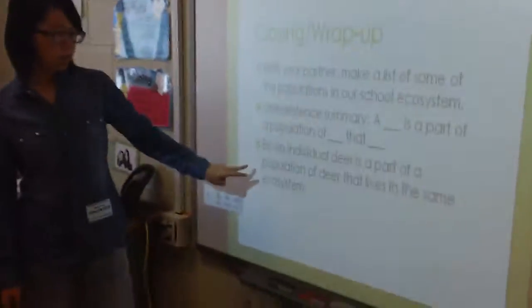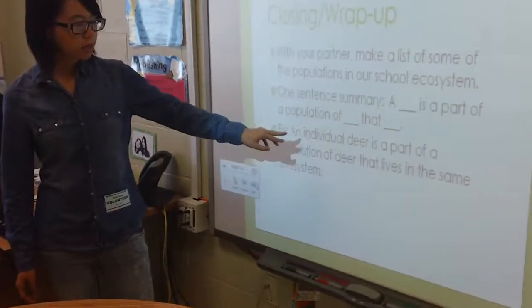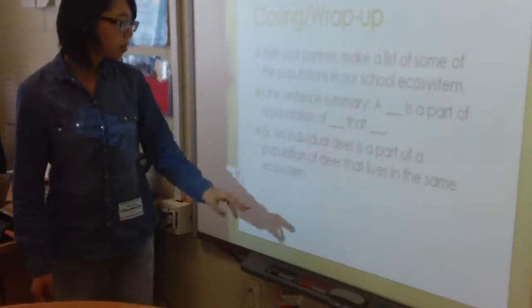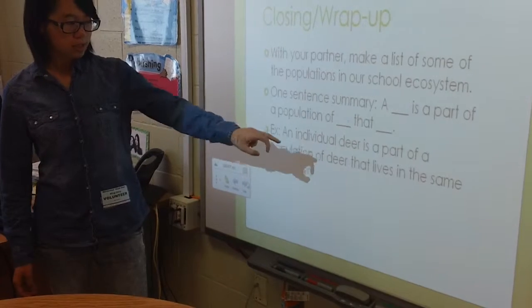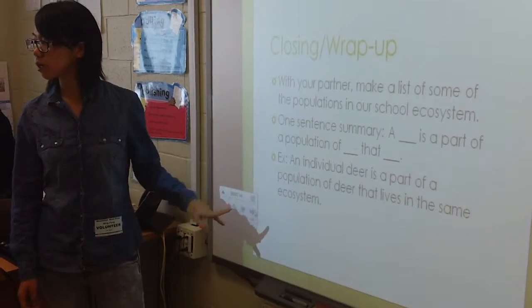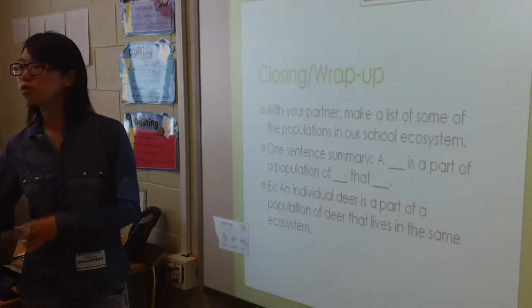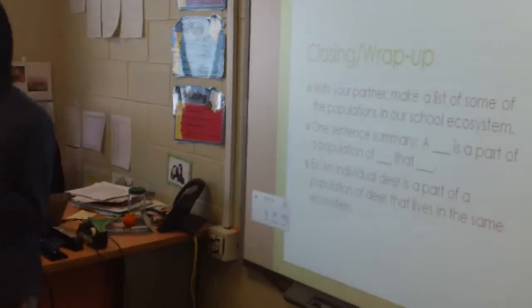For example, an individual deer is a part of a population of deer that live in the same ecosystem, right? You can come up with different examples. Just write one sentence here on your workbook.